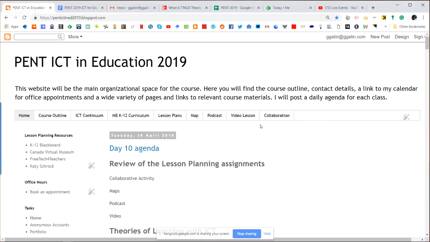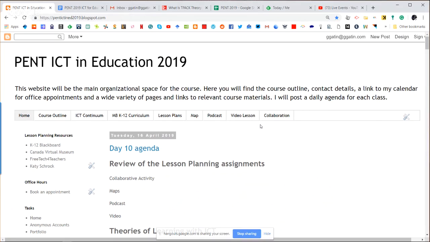I want you to create lessons using each of those technologies to deliver a lesson from the Manitoba curriculum. Specifically, one 50-minute lesson where you've gone through the curriculum and drilled right down to the specific learning objective in a subject area and a grade level, and you've made a choice of what lesson you want to teach and what technology you want to use to teach it.